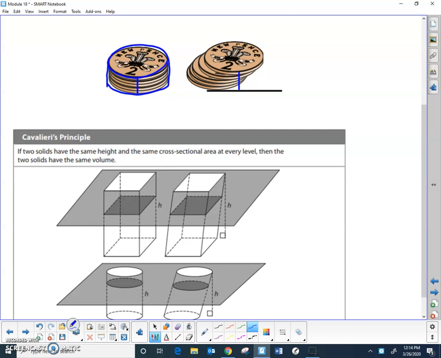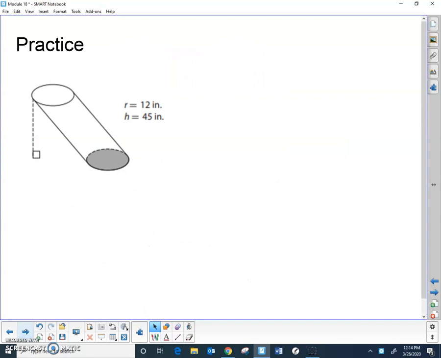If I take this oblique prism, you notice it's still a volume of 5 coins. So how I find the volume of these is the same. I take the area of the base times the height. The only thing is you need to make sure that you're finding the right height, so the height at a right angle versus the slanted height. All right, so practice with this.